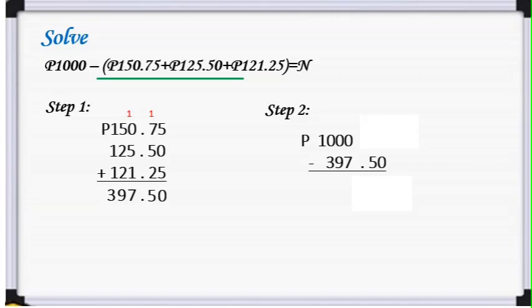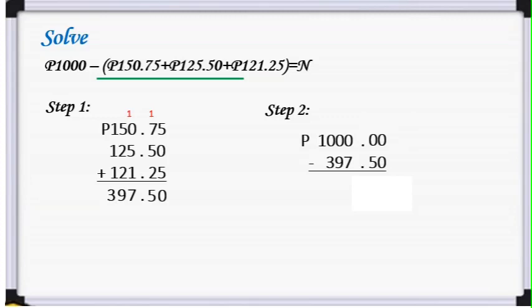It means we need to arrange this also in vertical form. After arranging the minuend and the subtrahend in vertical form, we need to add zeros. Since we don't have the same place value as our subtrahend, we need to put 2 zeros in our minuend.